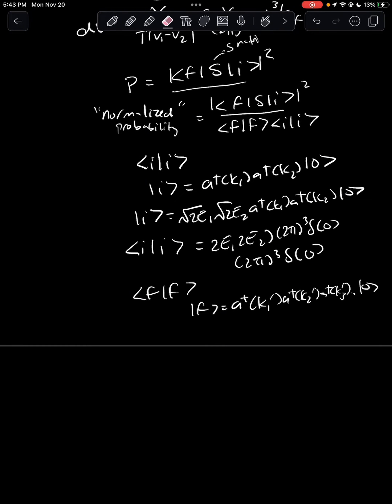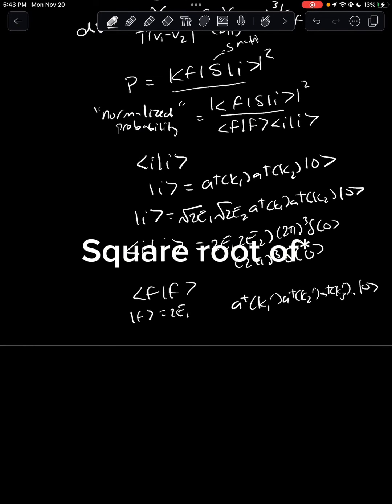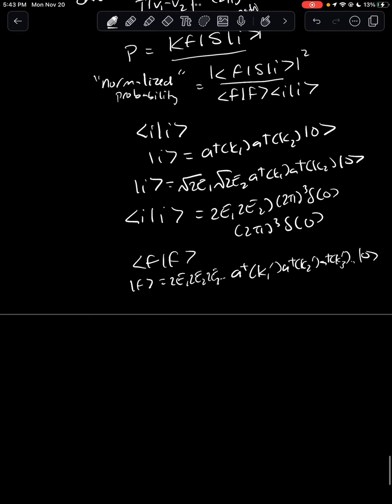And then again, sometimes we scale this by a factor of 2E1, 2E2, 2E3, and so on. So we can write the final state out as a series of a conjugate k1 prime, a conjugate k2 prime, all the way to a conjugate kf prime acting on the vacuum state.